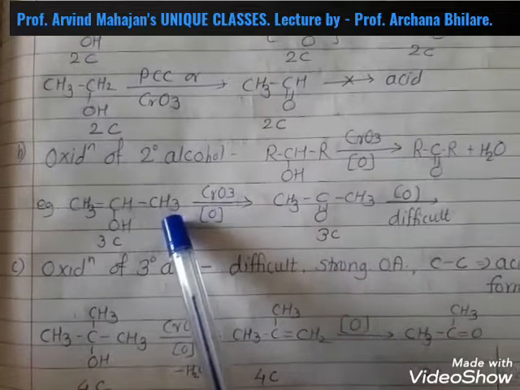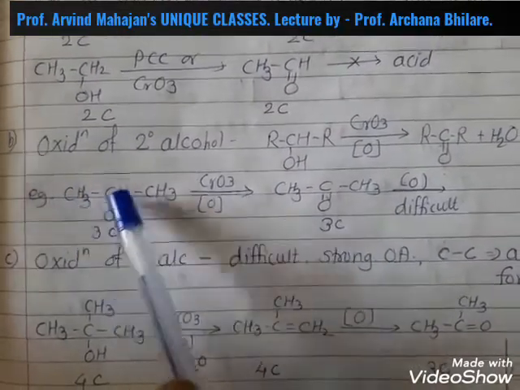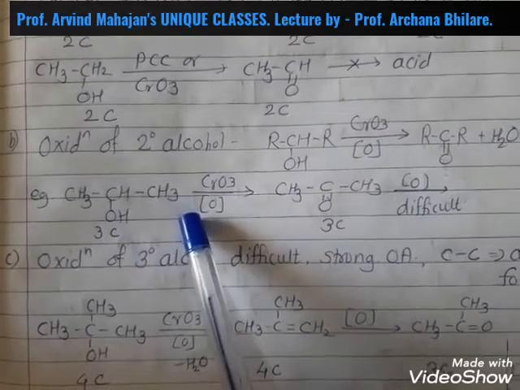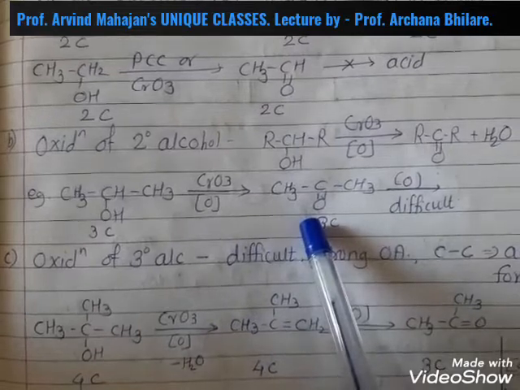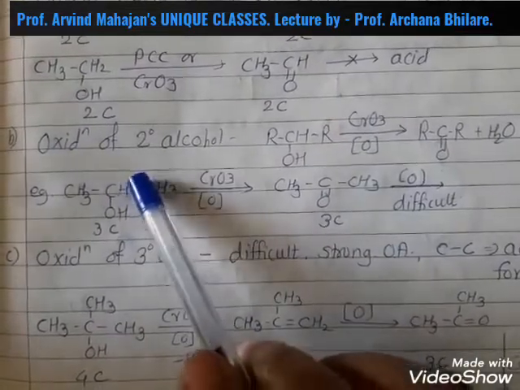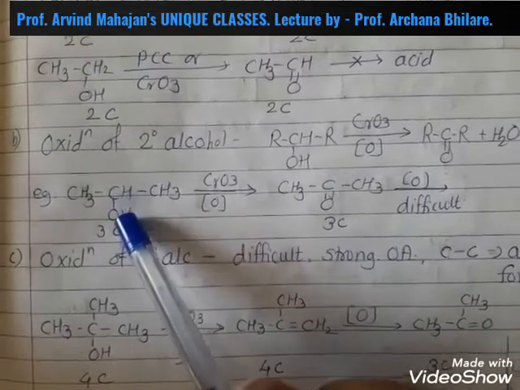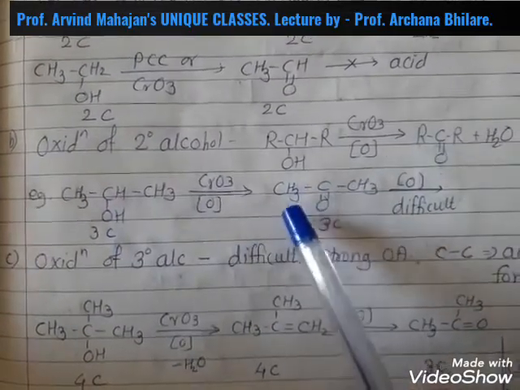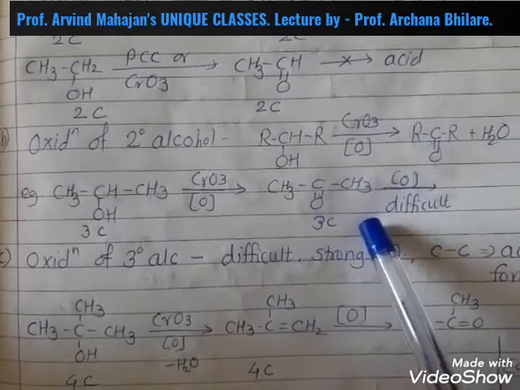Okay. See the example. Secondary alcohol taken here is isopropyl alcohol, CH3, CHOH, CH3, reacts with CrO3 and what do we get? This hydrogen and this hydrogen both are removed. So one valency of carbon and oxygen become free. So they form a double bond and we get CH3, C double bond O, CH3.